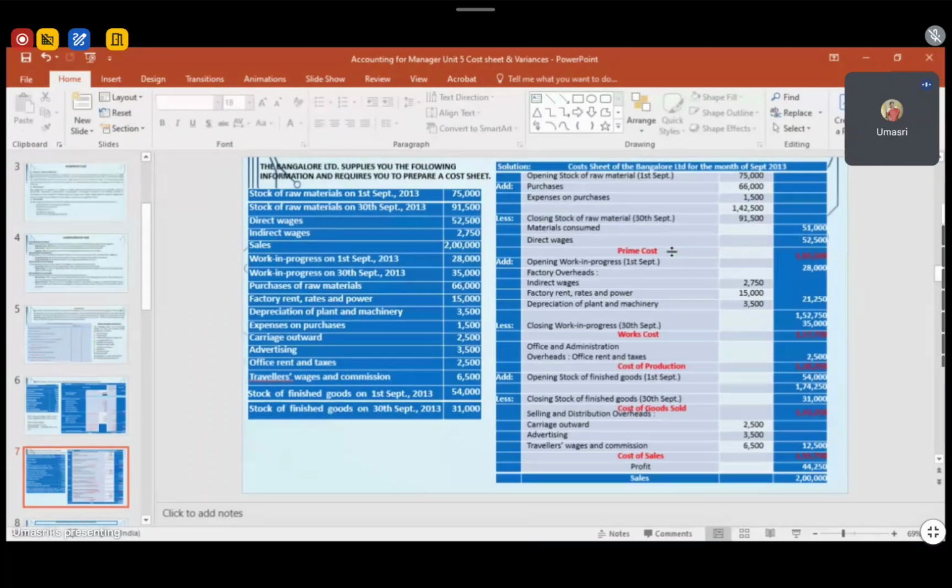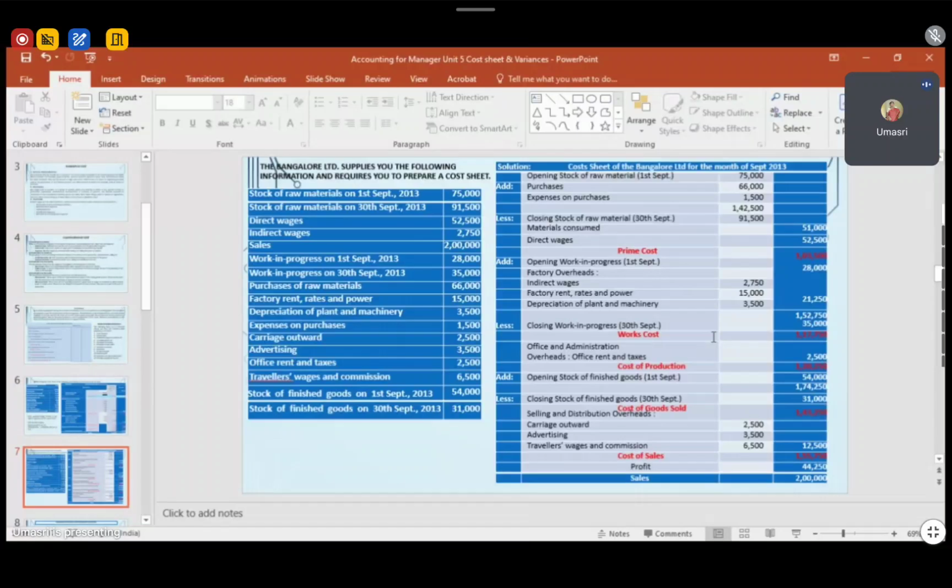In that case, work in progress means some goods may be semi-finished, say 50% material or 75% labor work is ongoing. So if opening and closing stock is there, you have to adjust it. Prime cost plus opening work in progress plus factory overheads minus closing work in progress, that is called works cost.